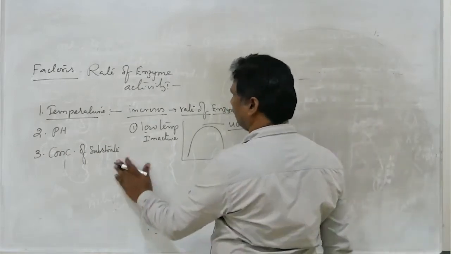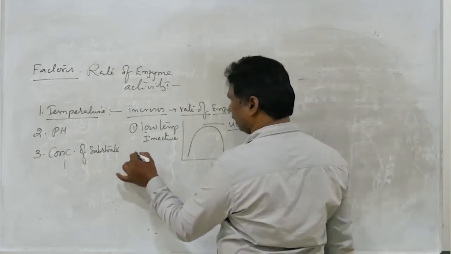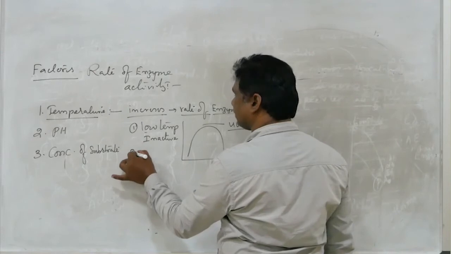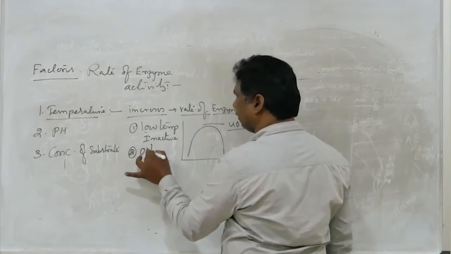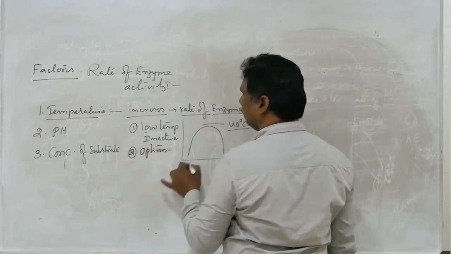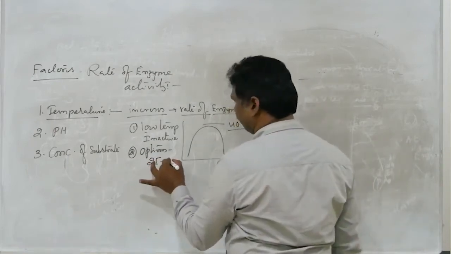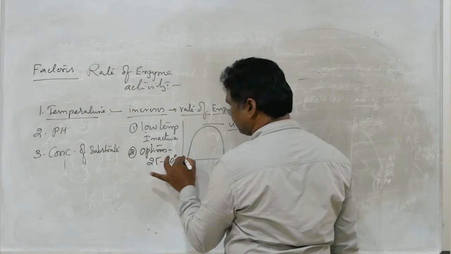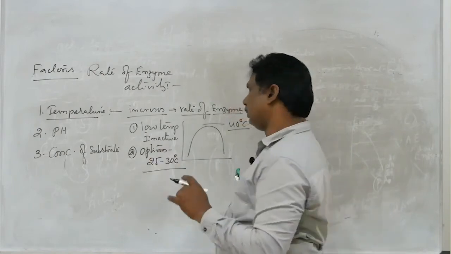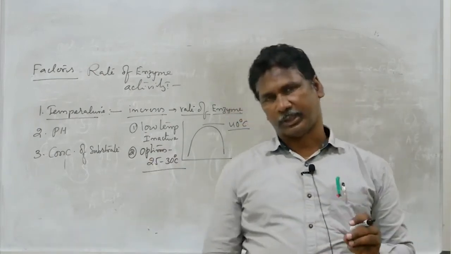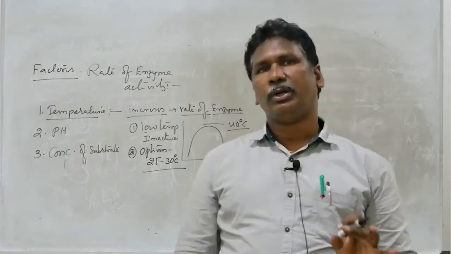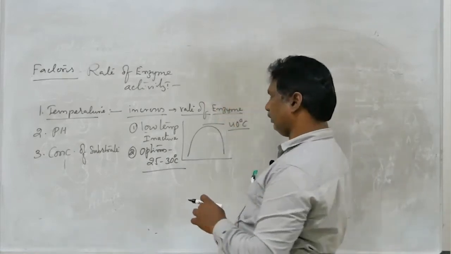And the second important one, the optimum temperature. The optimum temperature for enzymatic activity is 25 to 30 degrees. The 25 to 30 degrees temperature is highly suitable for enzymatic activity.